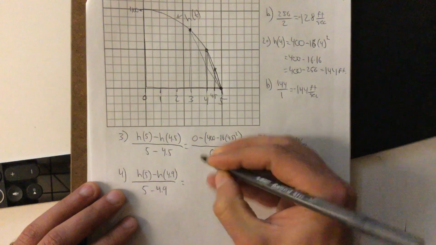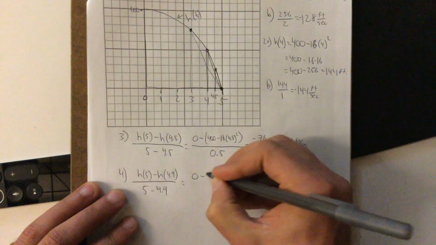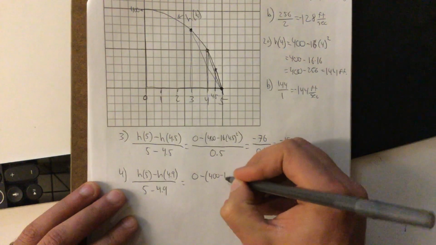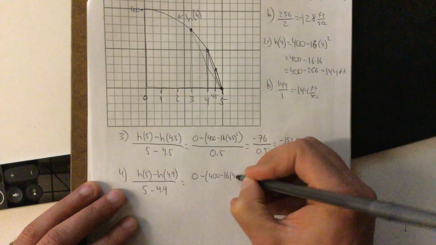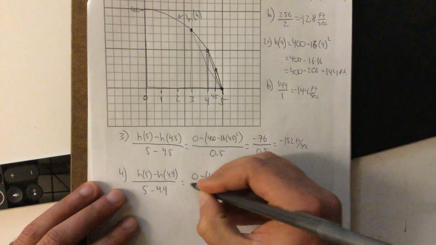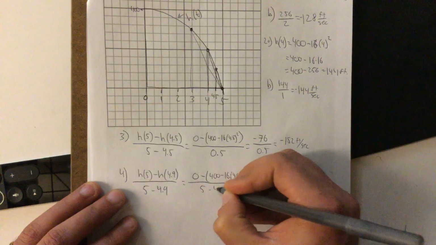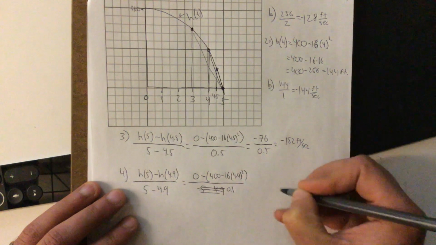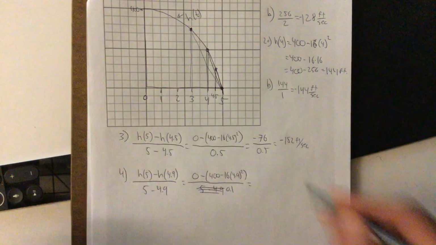We know the height at 5 is 0, minus whatever the height is at 4.9, we'll plug it in. 400 minus 16 times 4.9 squared, divided by 5 minus 4.9. Actually we can just write that as 0.1. So let's figure out what this is.